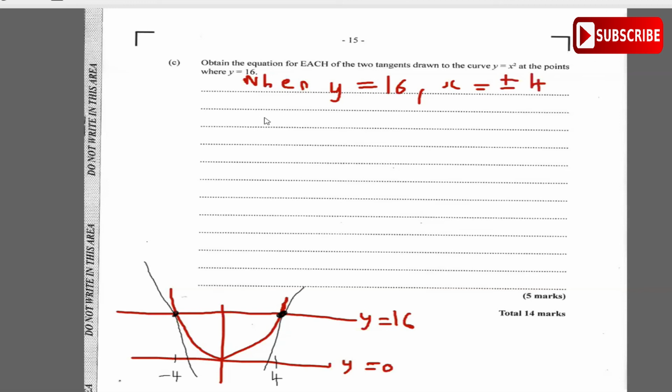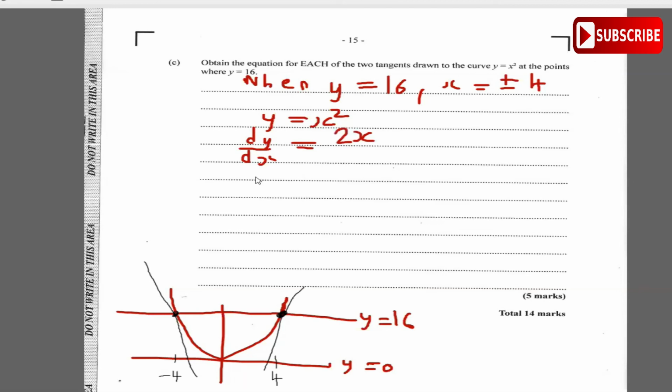Clearly. And so if y is equal to x squared, and let's find dy by dx, then dy by dx is going to be equal to 2x.